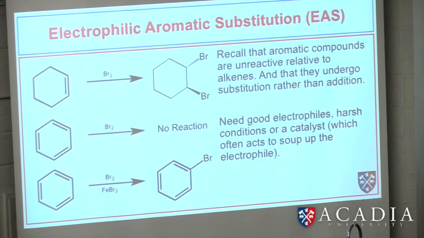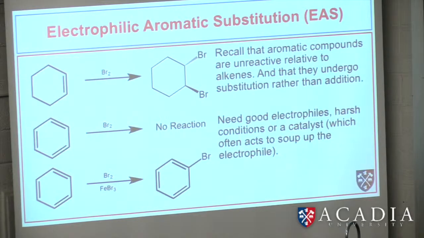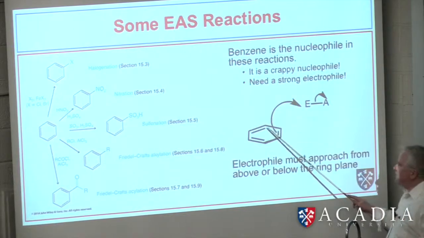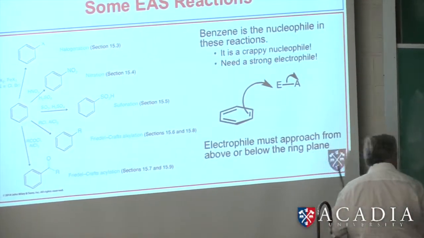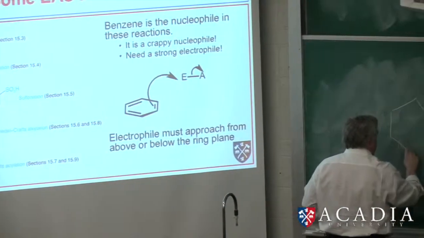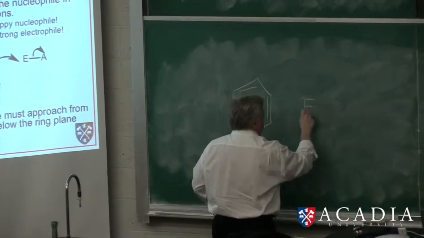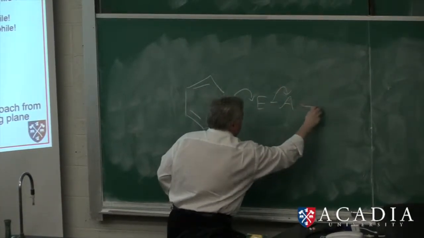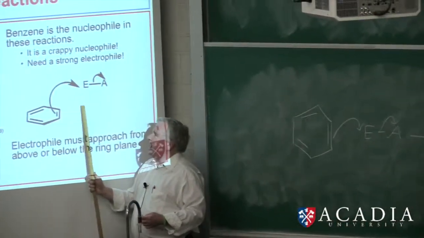So let's recall, let's think about our aromatic compounds again. And remember that we have a lot of electron density inside the ring. The other thing I want you to remember is that even though we draw our reactions like this, we want to be aware that it's actually happening more like this.